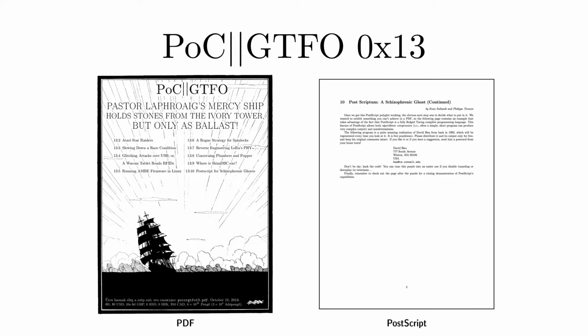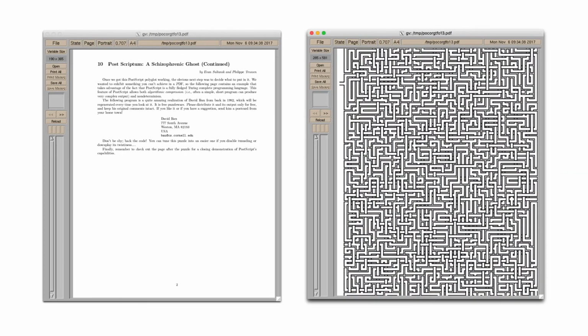But in addition to the continuation of the article, I wanted to demonstrate how PostScript is a fully fledged Turing-complete programming language. So the following page is a programmatically generated random maze. Every time you render the PostScript, a different maze is generated.